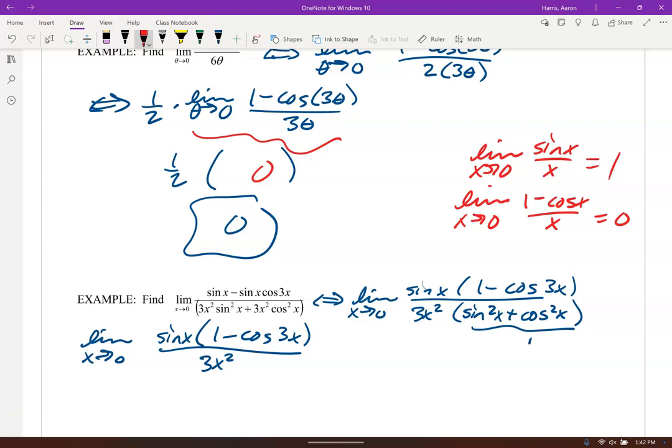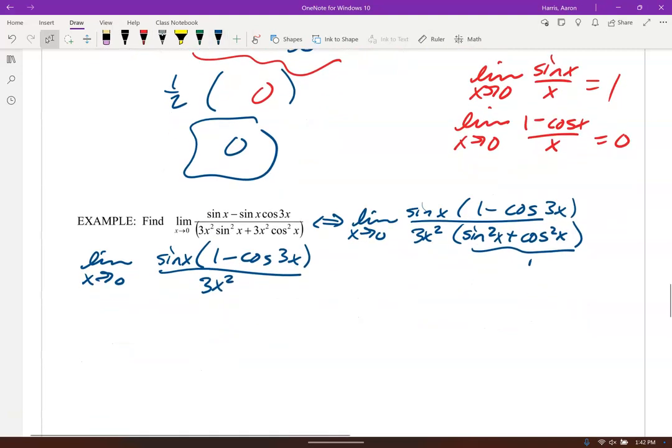So I can manipulate this because I can take that sine x and pull an x out of that 3x squared. And then I'd be in this form. Notice the denominators are x times 3x. You guys with me on this?